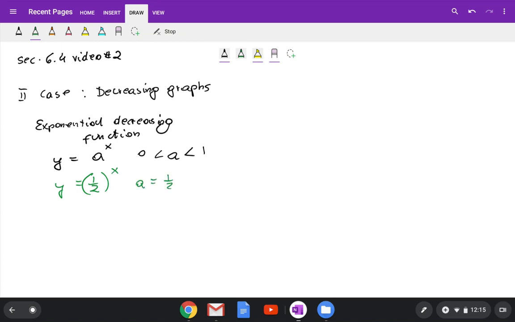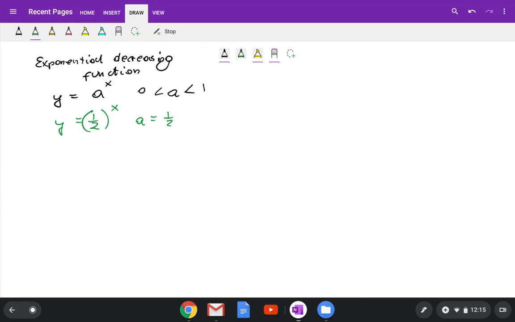Again, to graph an exponential function we use 3 major points: 0, 1, then 1, base, and negative 1, 1 over base.